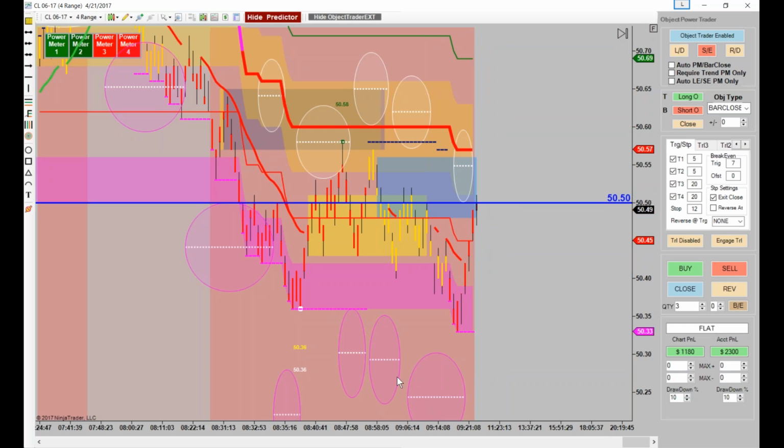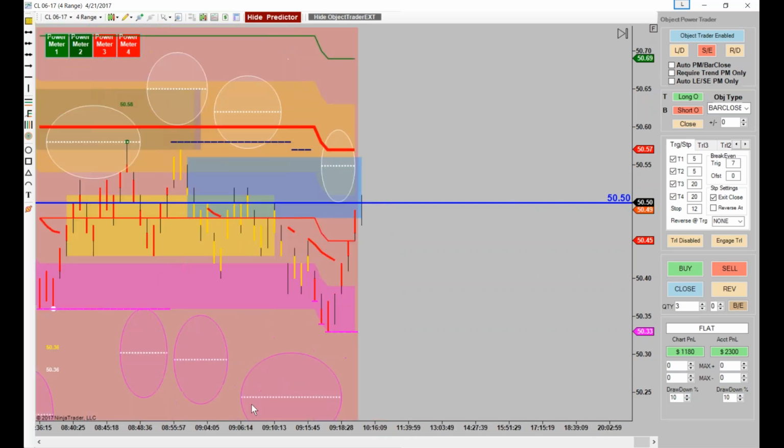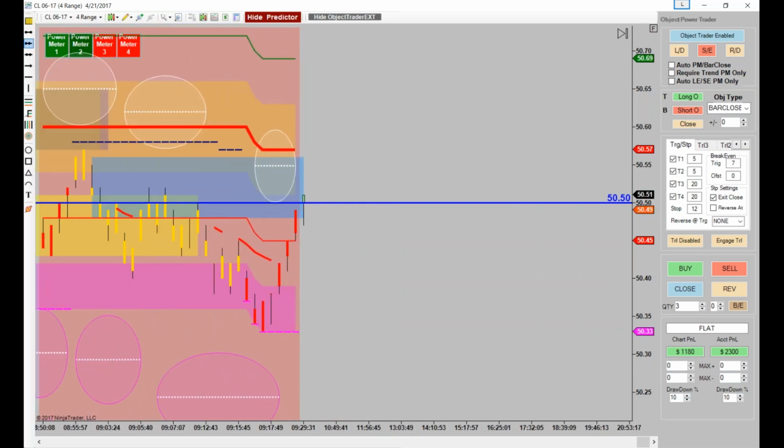Now keep in mind though that you're going to have to still look at your charts to see where that swing area is. By the way, 1, 2, 3, 4, 5, you could draw a trend line.